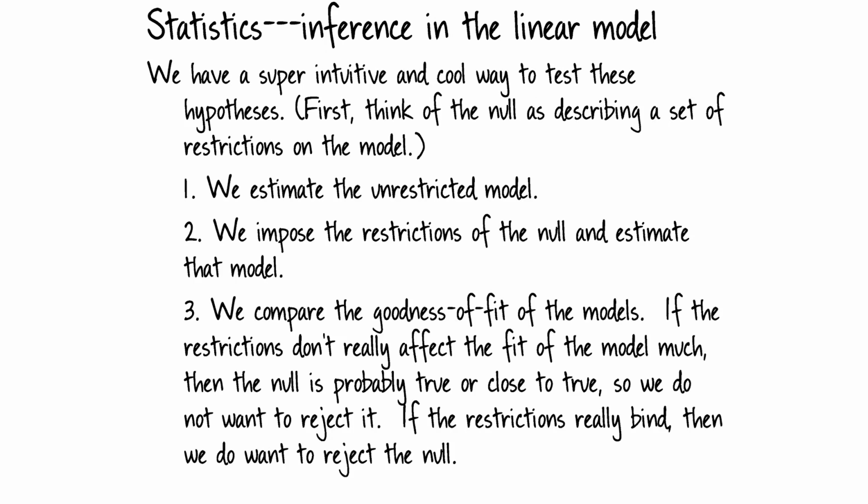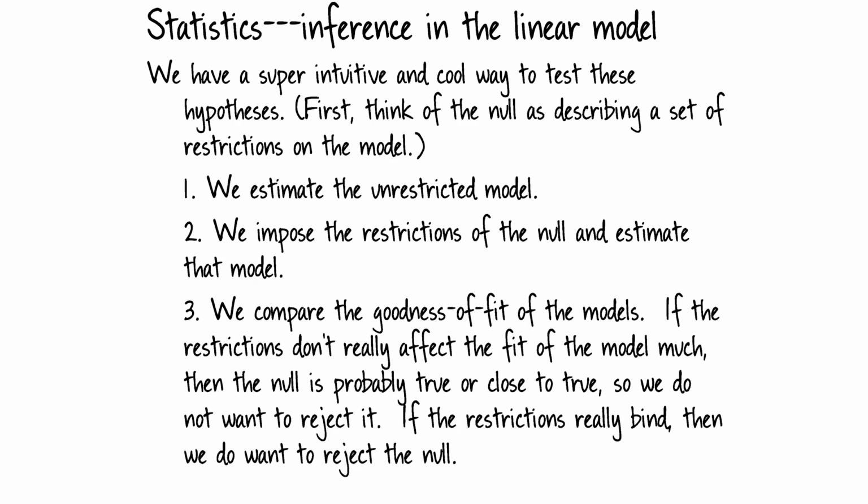Okay, so now we have this framework. I mean, it's not really a framework, just sort of a notation in some sense to set up, to deal with hypotheses of all of the forms we just talked about. And within the regression framework, we have a super intuitive and cool way to test these hypotheses.